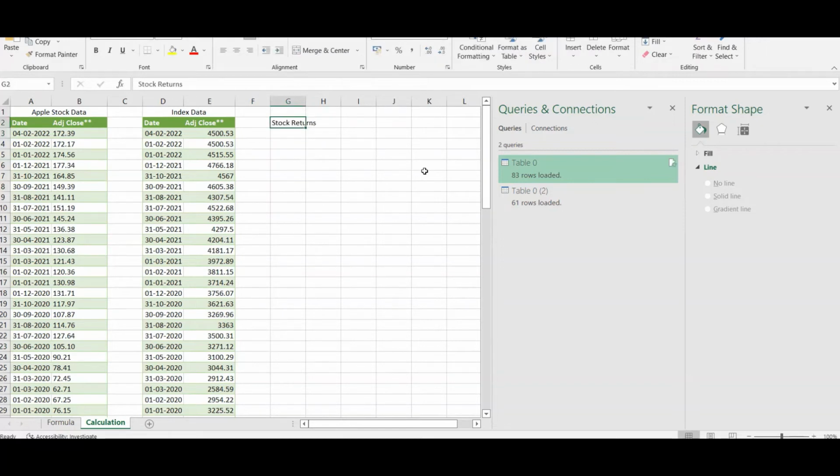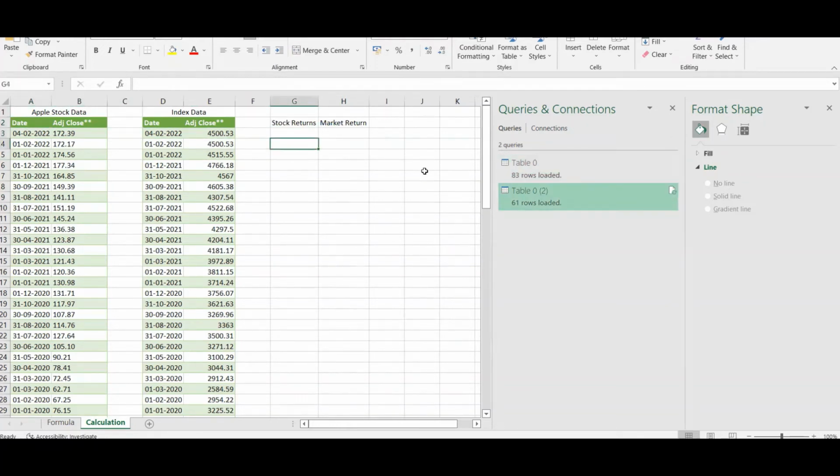So this is stock return, and this is market return, or index return, or S&P return, whatever you would like to call it. Let's calculate stock return first. For the first tenor, we do not have the beginning data.